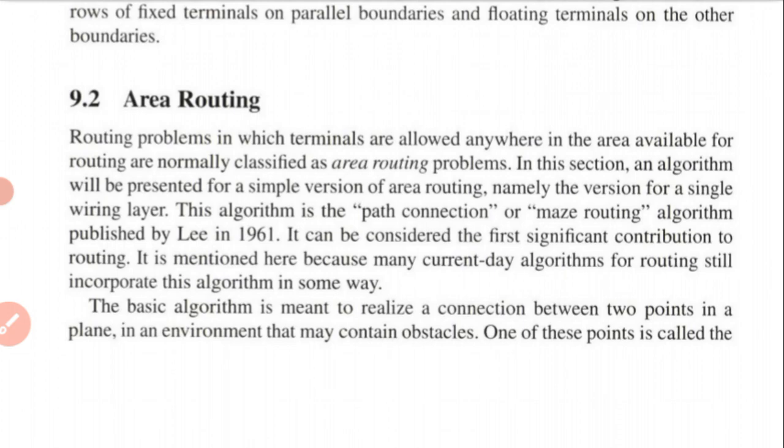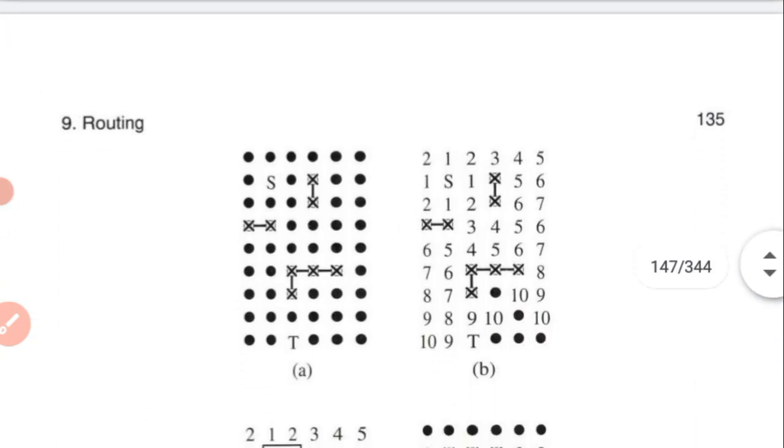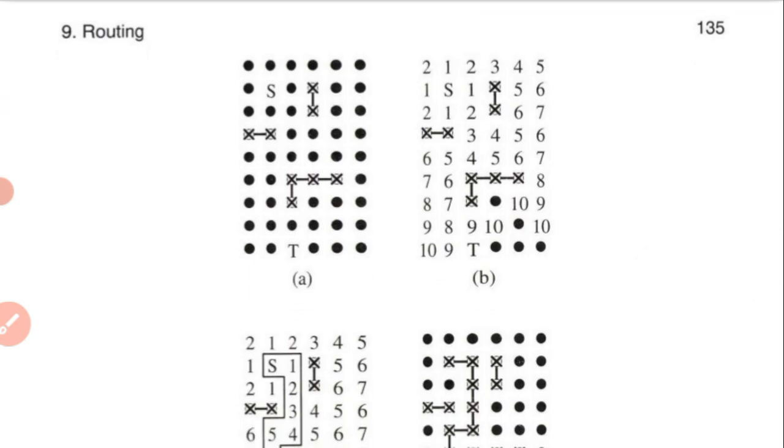Just consider this example. In the first figure, the black dots denote the empty spaces where we can make the connections, and the blocks with cross marks represent the obstacles.